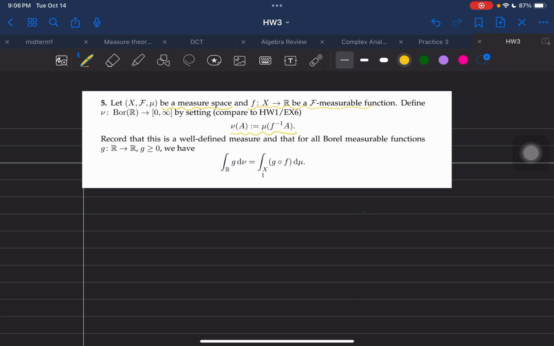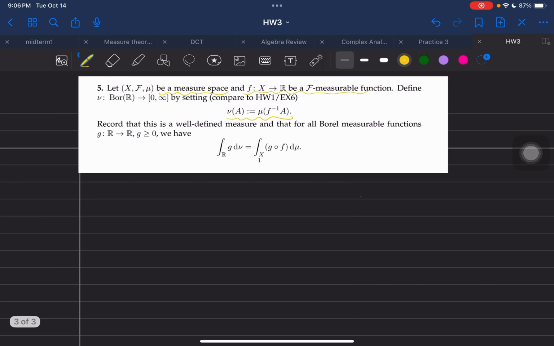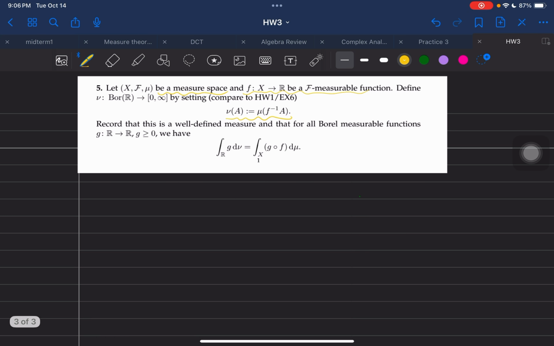So we're gonna check the axioms of the measure. And then in the second part, we're gonna show how to actually integrate any function with respect to the new measure, and then how to connect the integral to the original measure.